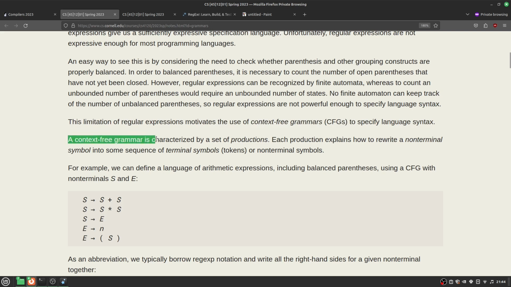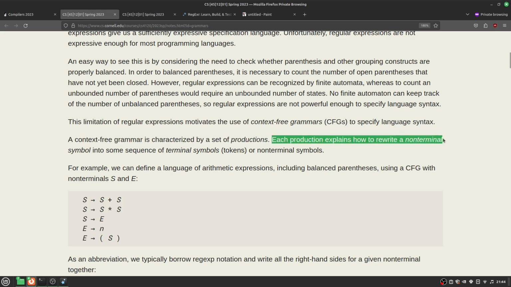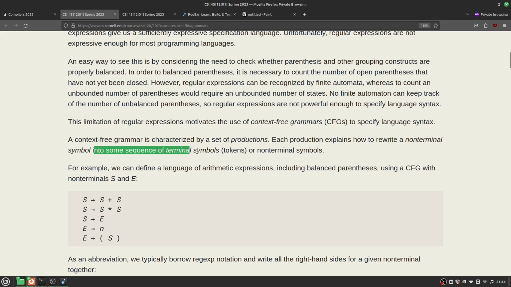A context-free grammar is characterized by a set of productions. Each production explains how to rewrite a non-terminal symbol into some sequence of terminal symbols, tokens, or non-terminal symbols.